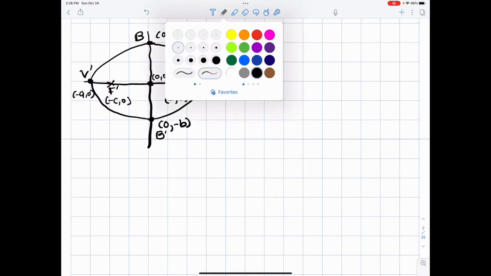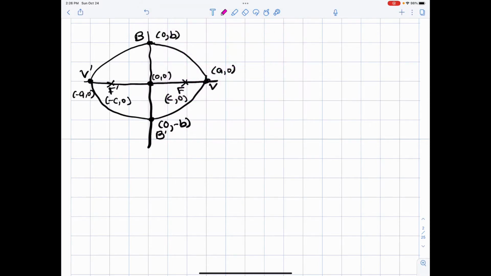And then let's say you have some other random point on this ellipse. We'll just call that point P, and it's going to have some coordinates x, y. And we're going to be looking at what's going on when you're talking about distances from a point P on the ellipse.